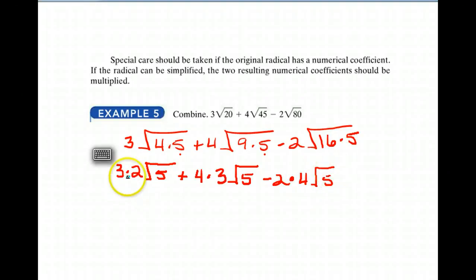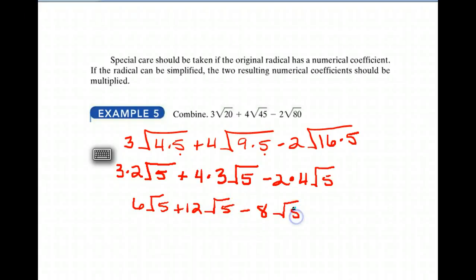So now we need to simplify all of that work that we just did. So we're going to have 6 square root 5 plus 12 square root 5 minus 8 square root 5. Please do not forget that if you have a coefficient, you must multiply by whatever value you are taking out of your radical.